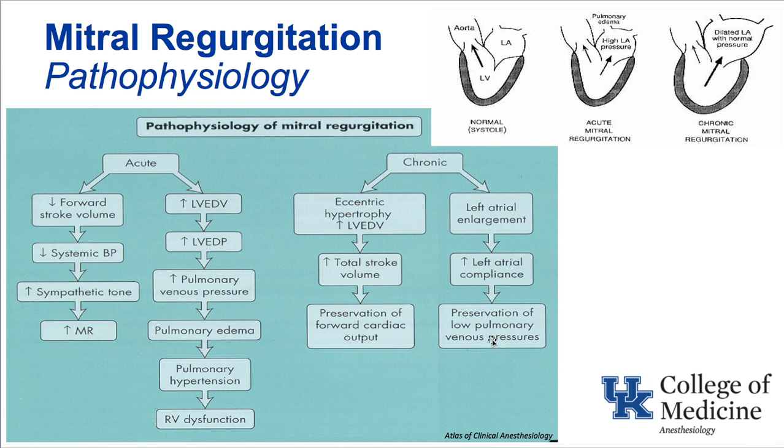Now it's dilating to compensate for the mitral regurgitation and try to keep those PA pressures down. As opposed to, on the top picture here, you can see that in acute mitral regurg, the LA doesn't have time to dilate, and the LA pressures are high. The LA pressures are normalized as they dilate in the chronic state.